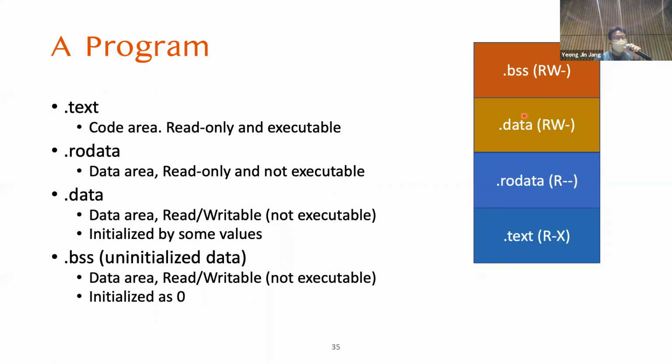Global variables that you initialized with some values are stored in the data area. And then this .bss, I don't know where this name comes from, but you can regard the BSS as the global variables that are not initialized at all.